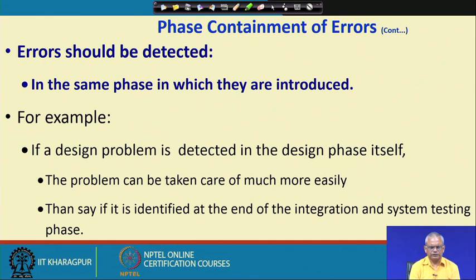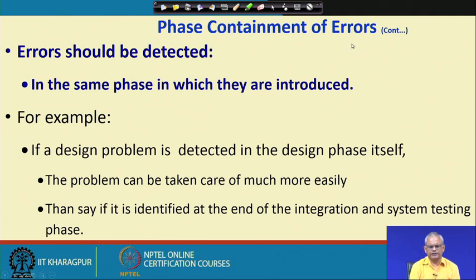So, the programmers commit mistakes, that is universal. But then the main idea here is that we must be able to detect those mistakes as quickly as possible, and within the same phase for the cost of correction to be low, and this is called the phase containment of errors.